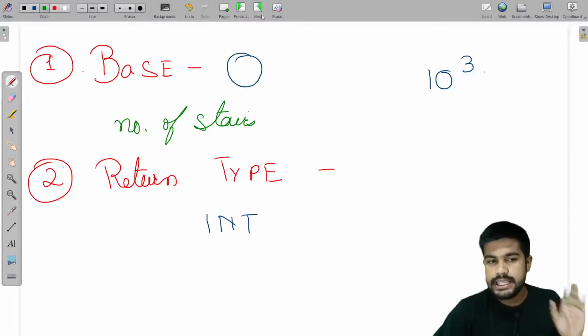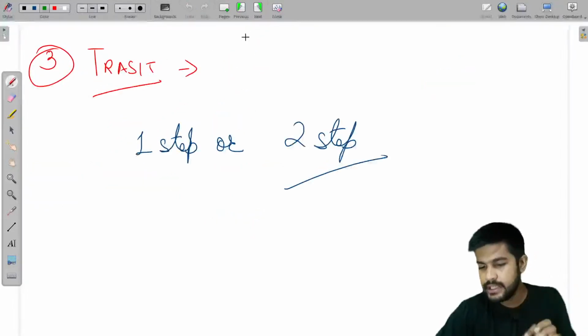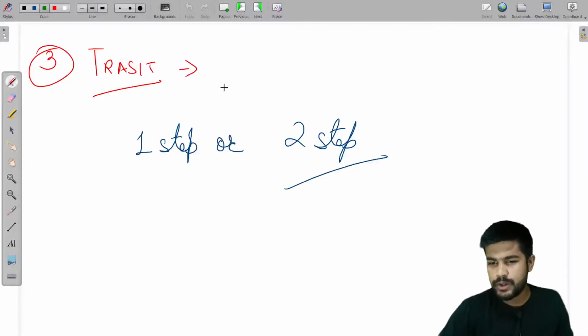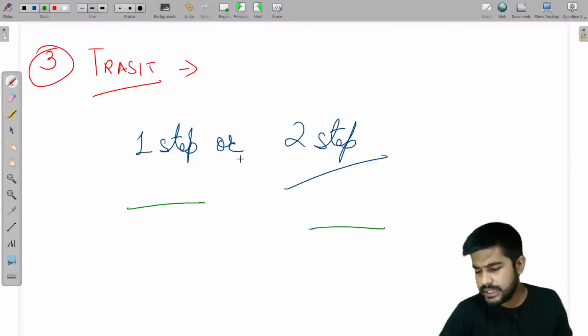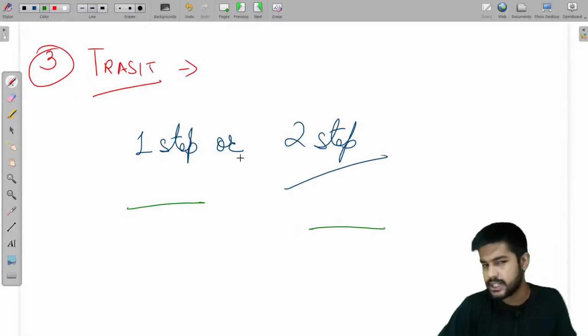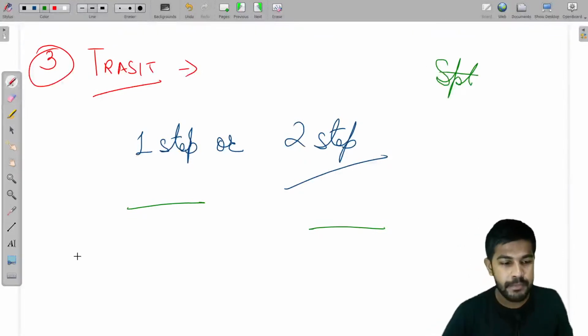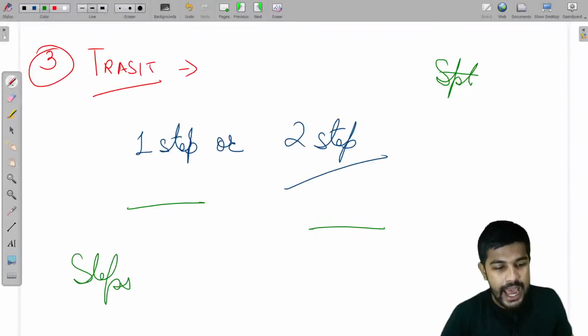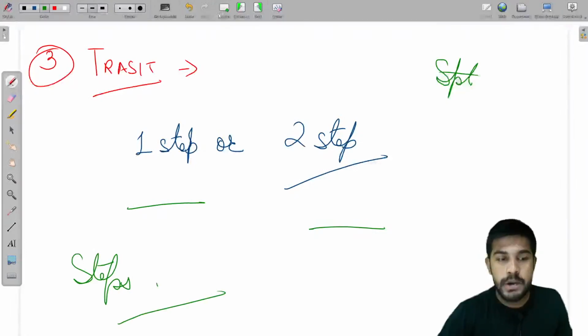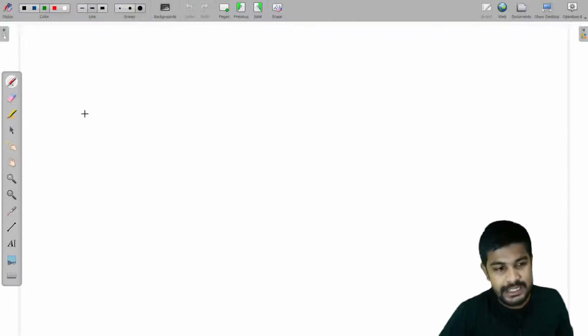And for the transition point, how many things do you need? We are concerned about two things, that we would be taking one step or two steps. That is the only thing we would be concerned about. So the main thing that boils down to is we are only concerned about the number of steps we would be taking at present, and that is the current index.